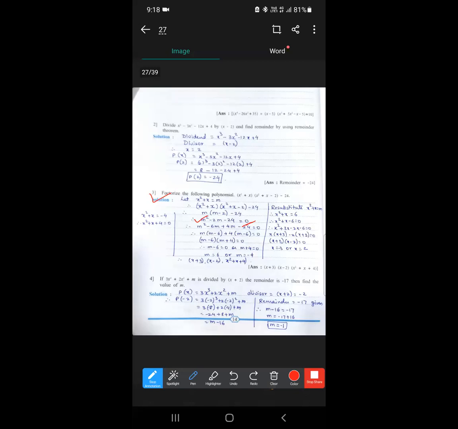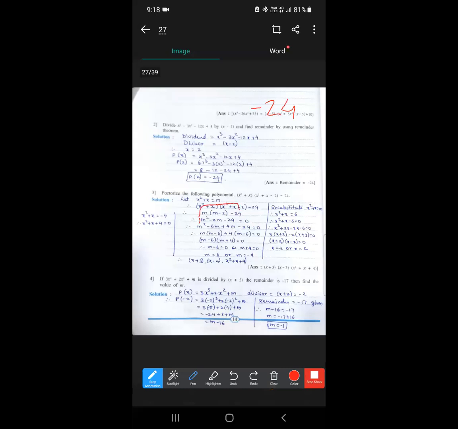The coefficient of m square is not written, which means it is 1. So 1 into minus 24 will be minus 24.